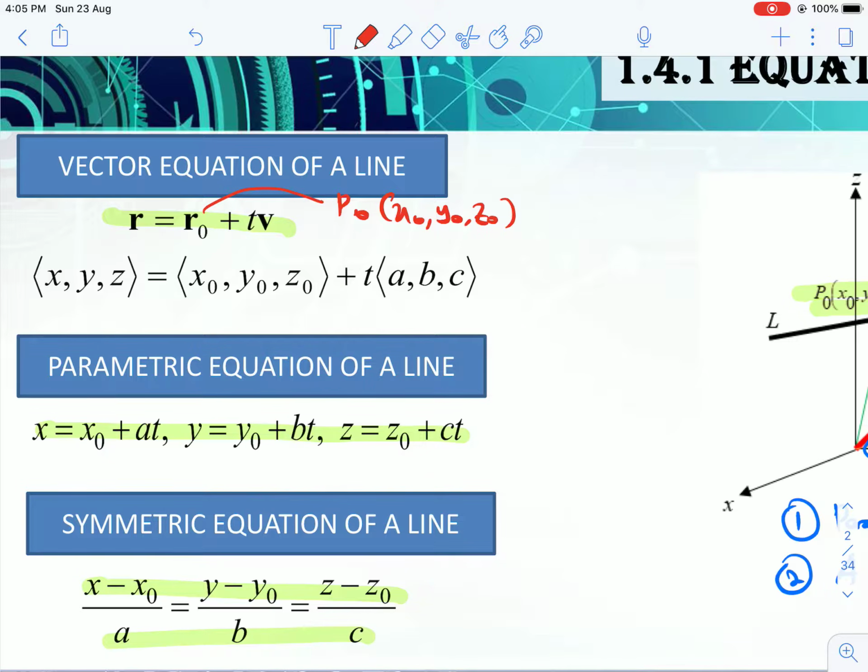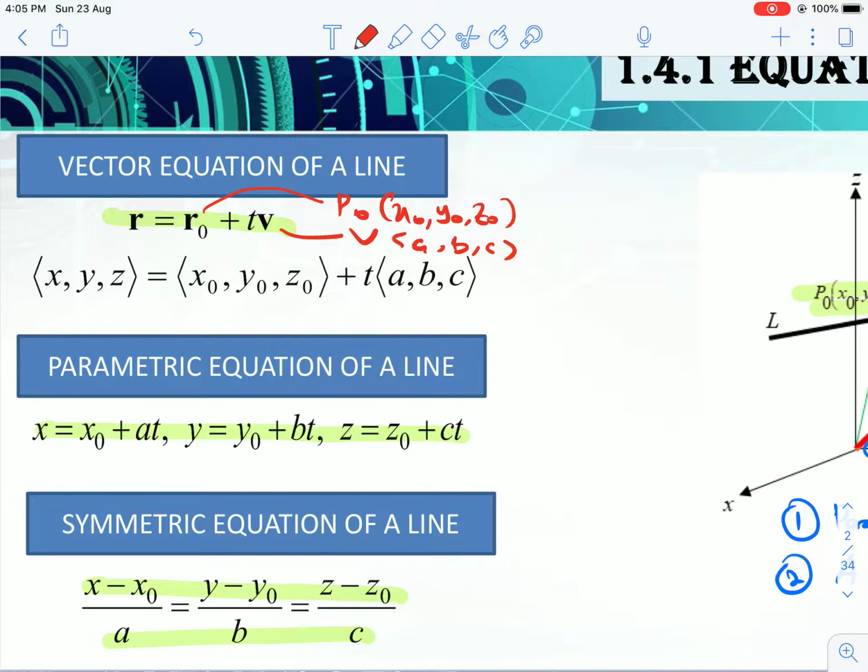And then we have the parallel vector v, whose elements are a, b, and c. What you need to do is just plug in all the values of x naught, y naught, z naught, and a, b, c into this formula.